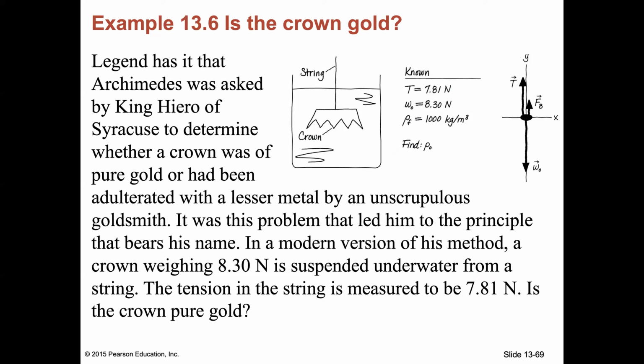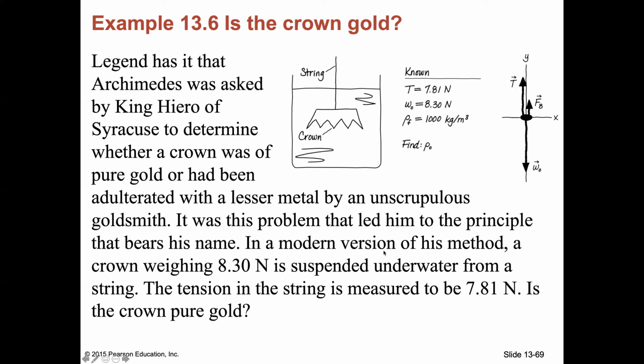If the density is not the same as gold, then there's some other metals mixed into the piece of metal. But now the crown, you can imagine it's a very complicated shape. It's difficult to measure the volume. Then it was this problem that led him to the principle that bears his name.